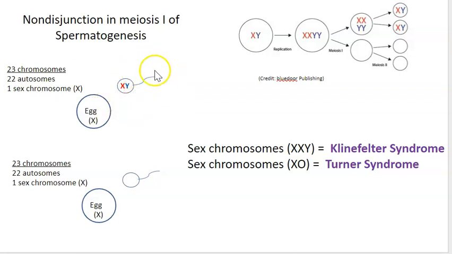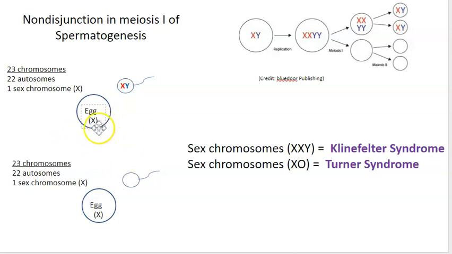This has 24 because it has 22 autosomes and 2 sex chromosomes. So when this fertilizes my egg, it's going to result in a zygote with 47 chromosomes. It's going to have my normal 44 autosomes. That's great. But unfortunately, it has 3 sex chromosomes instead of 2.